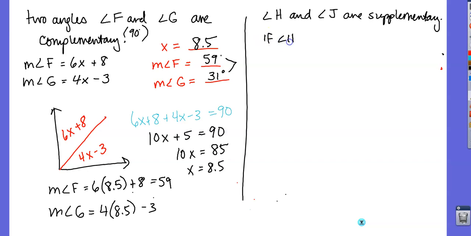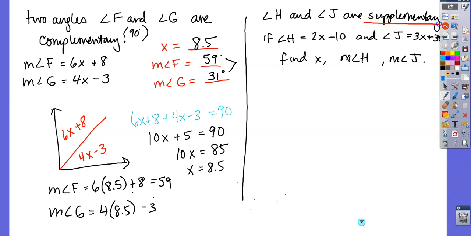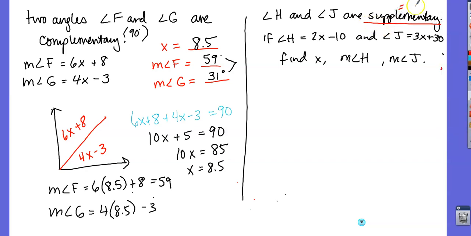If angle H is equal to 2x minus 10 and angle J is equal to 3x plus 30, find x, the measure of H, and the measure of J. Okay. So same thing. The first thing I would do is go, oh, they're supplementary. That means they equal what? 180.